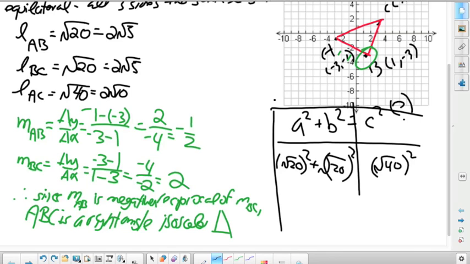Well, what's the square root of 20 squared? 20. 20 plus 20, I got 40. Well, what's the square root of 40 squared? 40. So the side lengths match a squared plus b squared equals c squared. So this is a right angle triangle.